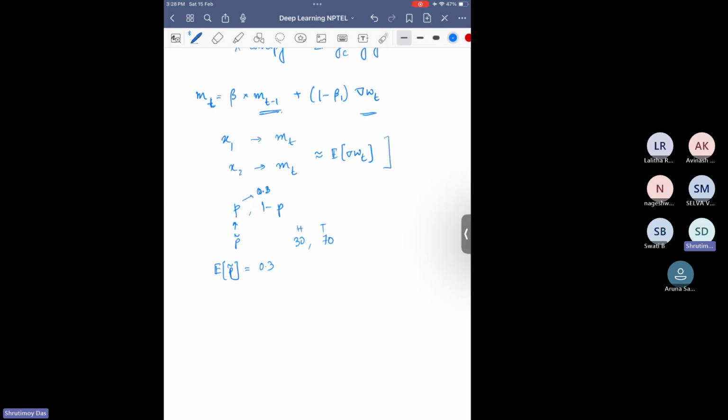You are sampling multiple points, and on average we want the momentum to be equal to the expected gradient, because we don't know the true gradient since it is stochastic in nature. Say for one point you get a gradient of 0.5, and for a second point you get a gradient of 0.7. You don't know the exact gradient, but on average you want to approximate that gradient, and that is what we want to do here.